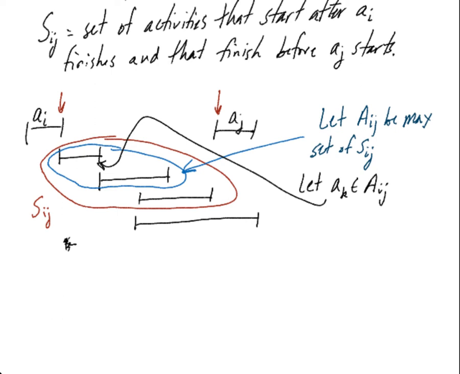Now we can split it into subproblems. If we know A sub k, which is some activity in the maximum set from S_ij, then we have two subproblems.